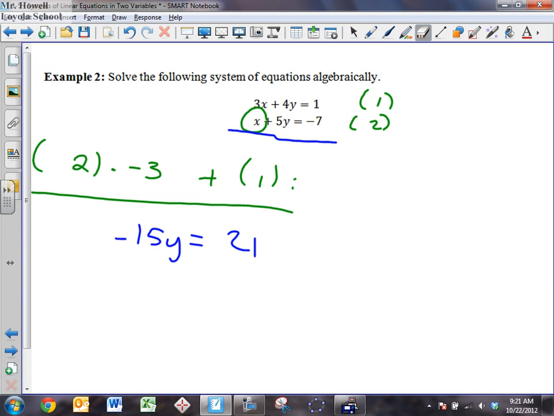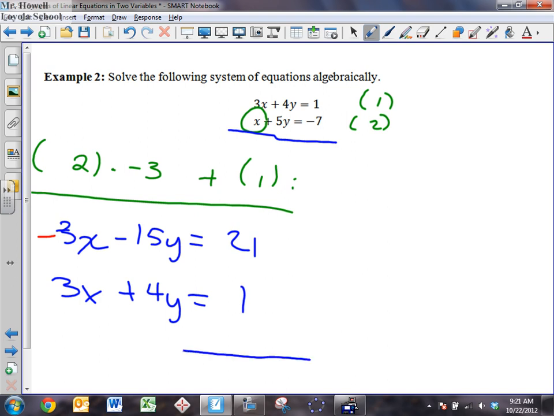Let me rewrite this, I apologize. There's a negative in front of that 3. It's killing me. -3x. All right. Now, I rewrite the other equation as 3x plus the 4y that was there equaling +1.